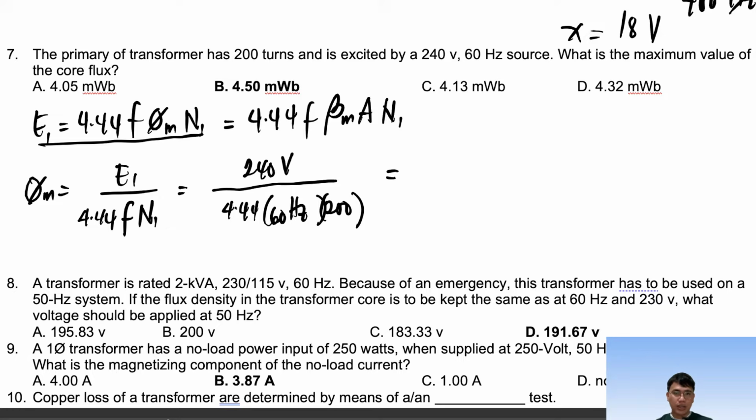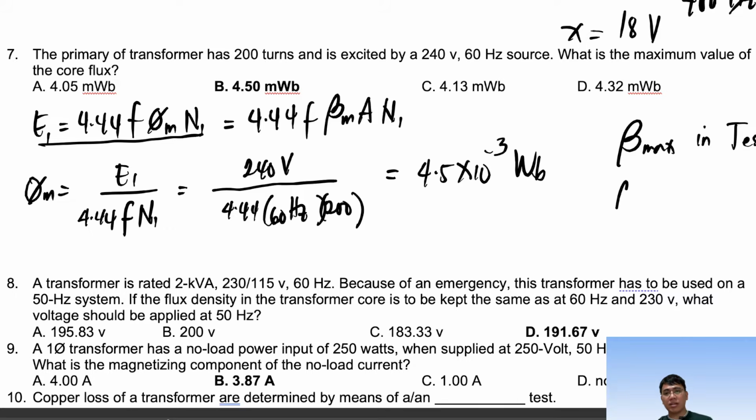Okay, get your calculator and calculate with me. That will give us 4.5 times 10 raised to negative 3. And this would be in Weber. Weber is the unit of measurement of core flux, and that is Tesla times area, because beta max is in Tesla.